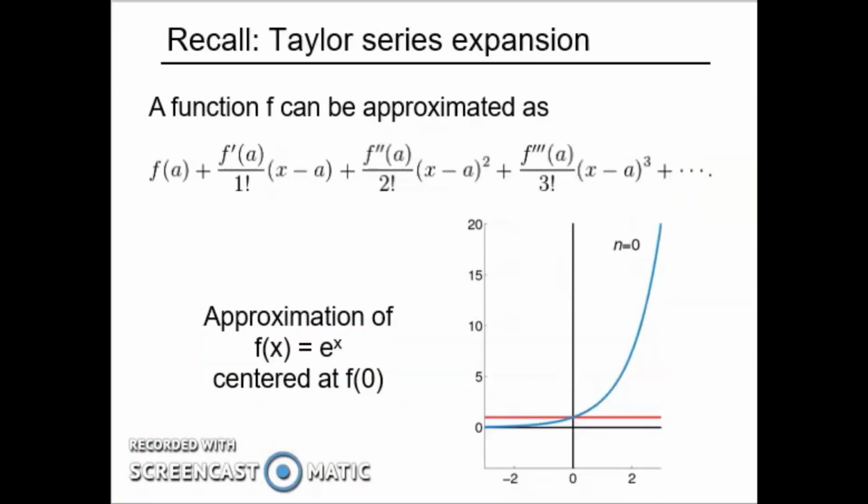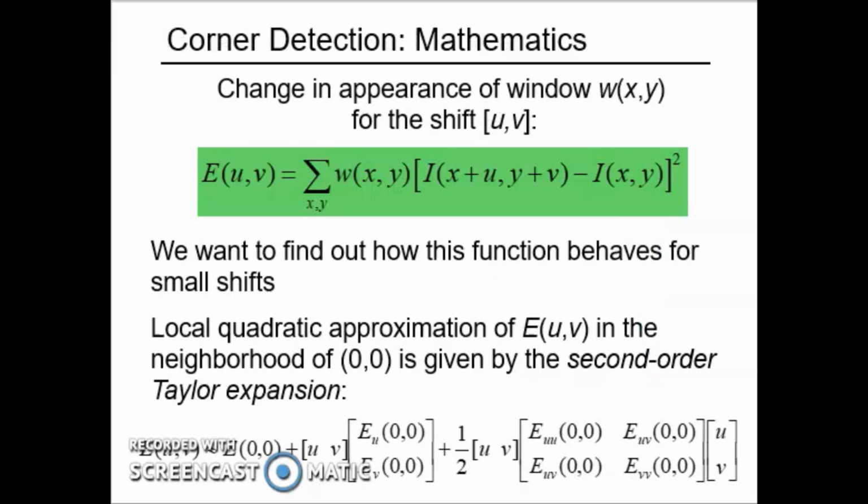As an example, we can find the Taylor series expansion for the function e raised to the power x as follows using the Taylor series. And over here, a is equal to 0. A reasonable approximation of the function E of uv can be found by the second order Taylor expansion that can be written as follows over here.